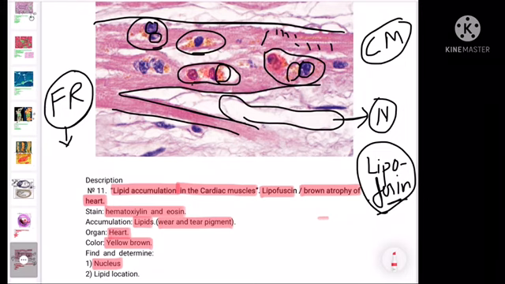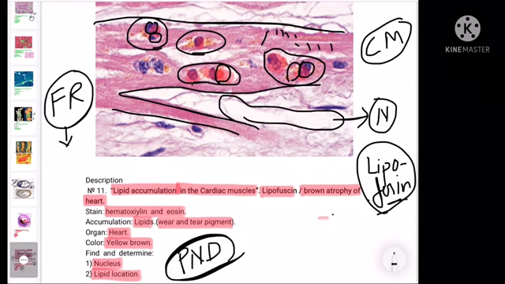These are the nuclei, and lipid deposition just near the nucleus. So they are the perinuclear deposits. Perinuclear deposits, age, and free radical: these three are associated with lipofuscin.